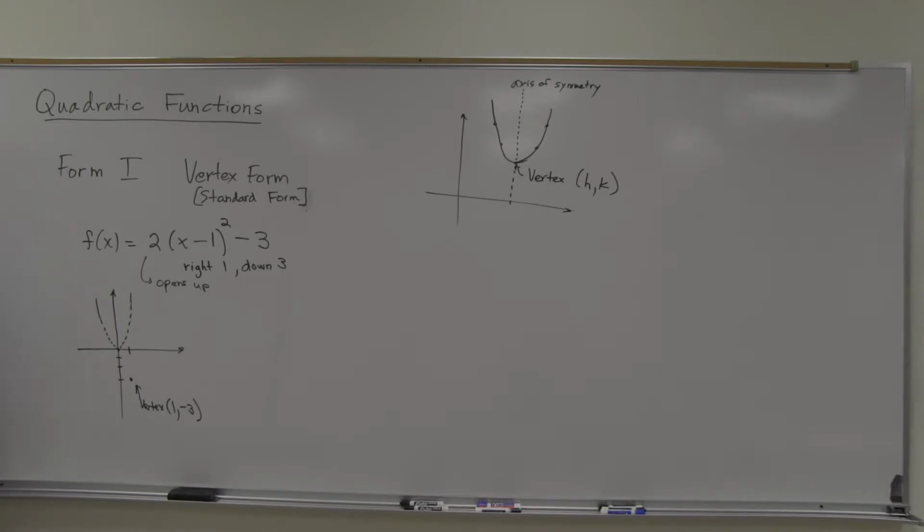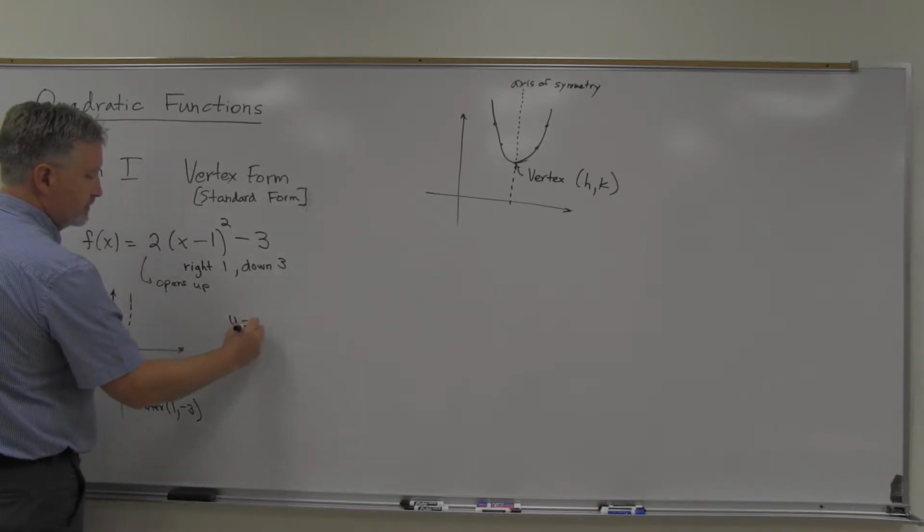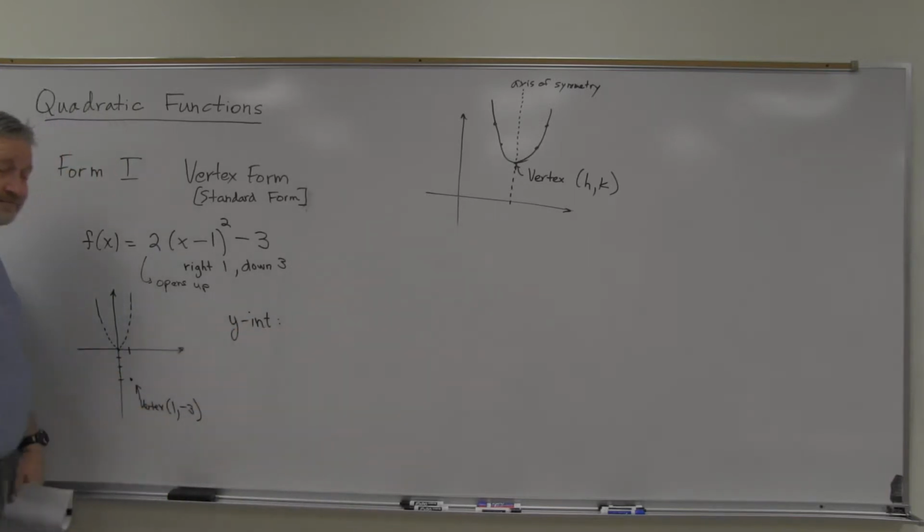Now, what I like to do on this particular vertex form is look at the y-intercept, because since we already have the vertex, the y-intercept is usually not too terribly difficult to get. How do we get the y-intercept? X is 0.